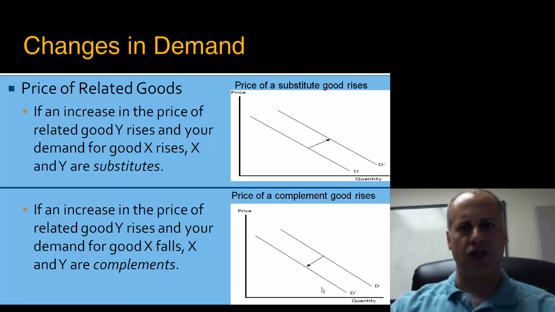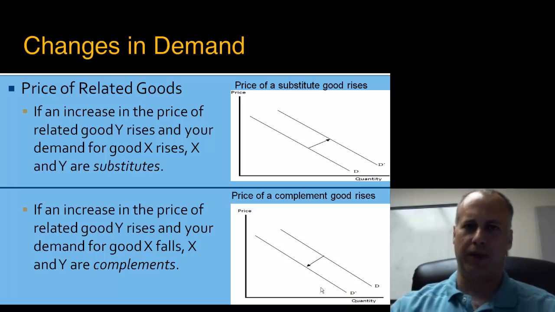Sometimes a change in the price of a related good can affect your demand for a particular good. So suppose that this is the demand for hot dogs. In this case, if the price of hamburgers rises, hamburgers are a substitute for hot dogs.